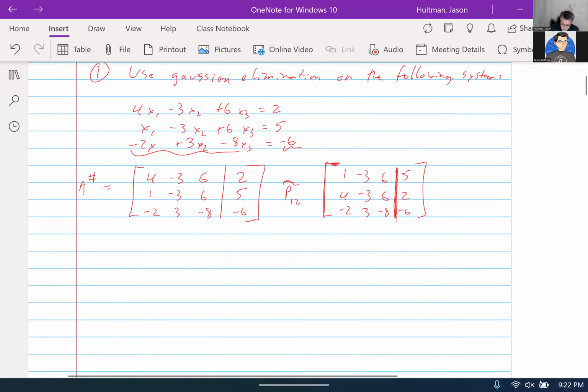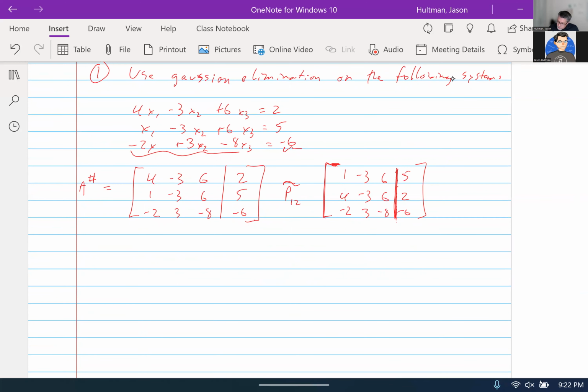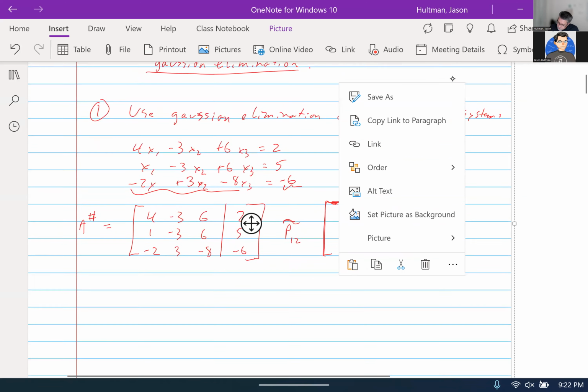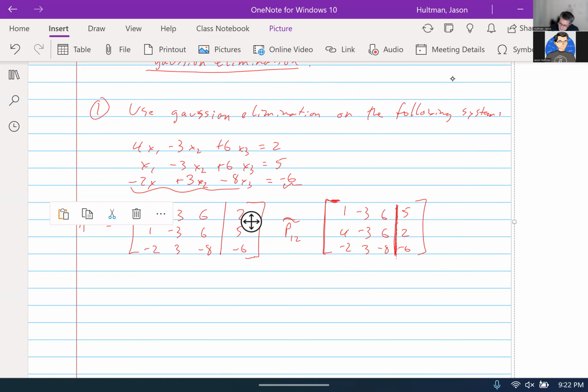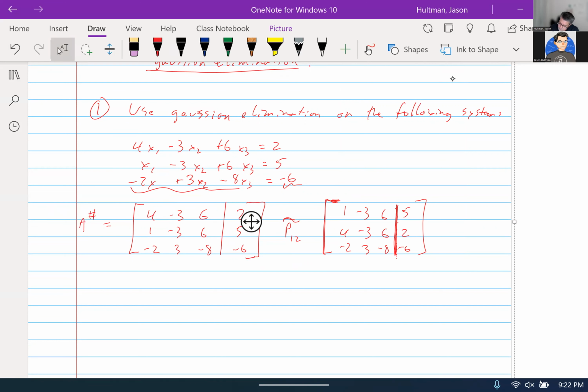Okay, next thing I want to do is eliminate the 4. So we're going to multiply row 1 by negative 4 and then add that to row 2, replacing row 2.